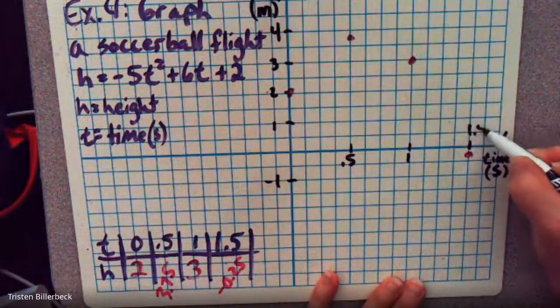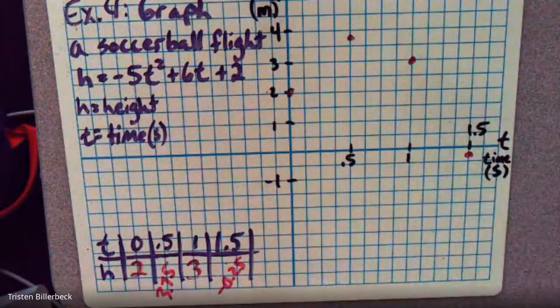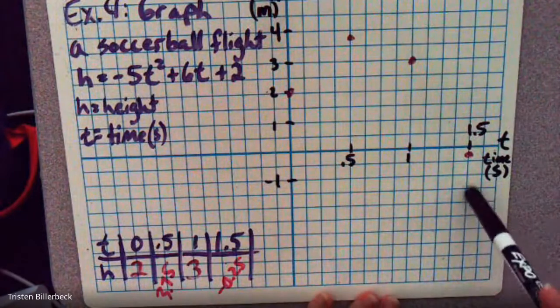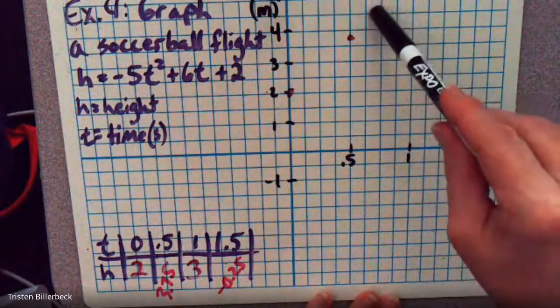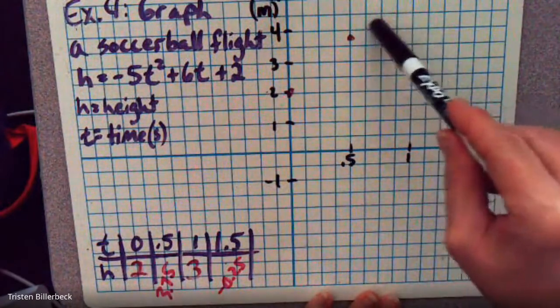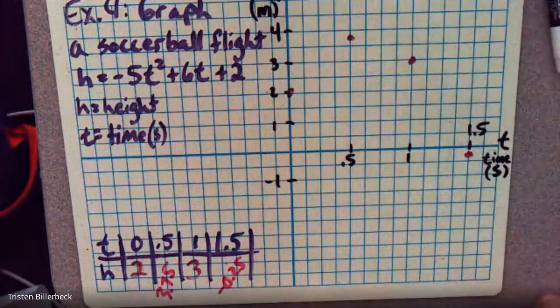Okay, something's a little off. The reason being is we've got some sort of maximum happening right here and we can't see it. I could do some calculus and find it. All right.